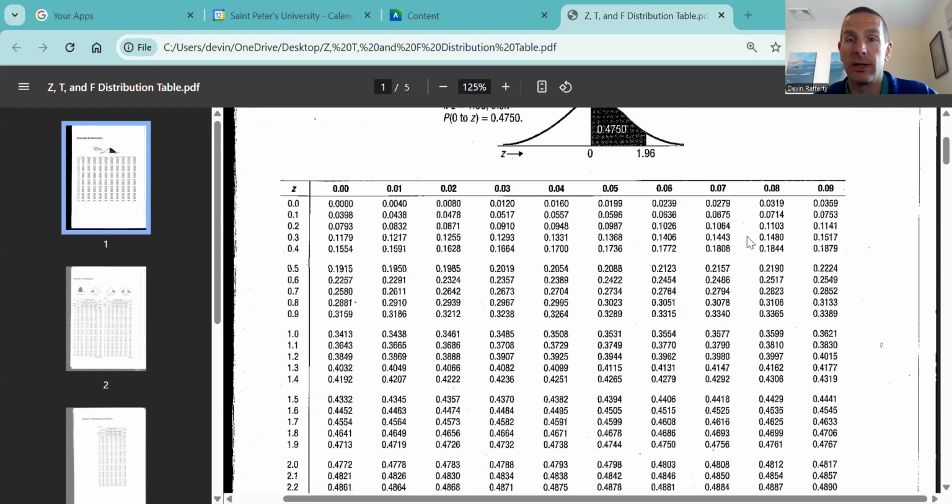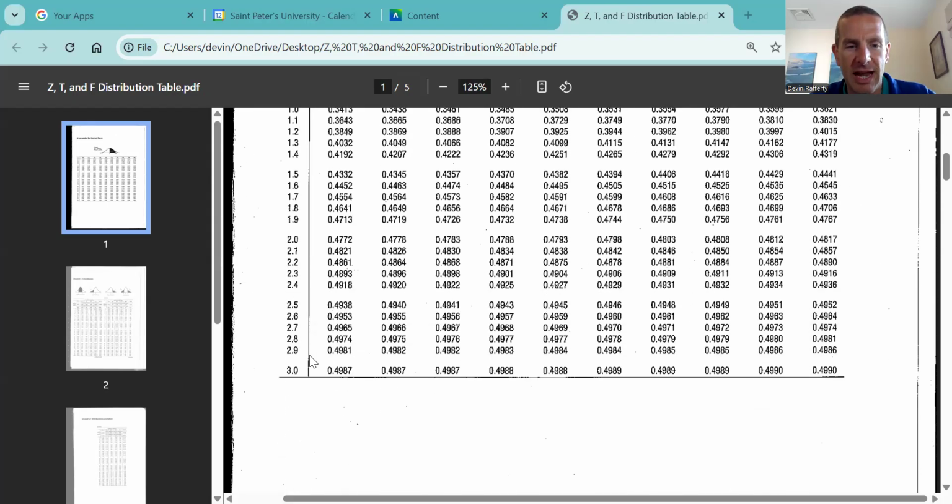A z-score can be broken down, so 2.4 can be broken down into 2.4 and 0.00. You might notice that in this distribution, going down the rows, we have the tenths column: 0.0, 0.1, 0.2, 0.3, 0.4, 0.5, all the way down to 3.